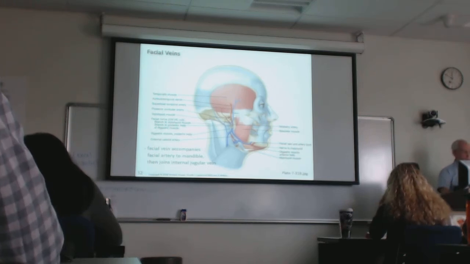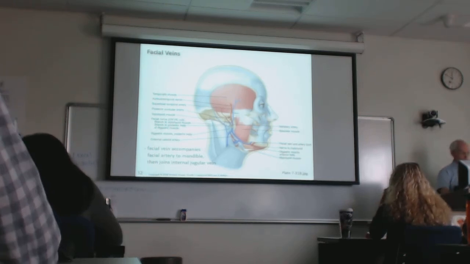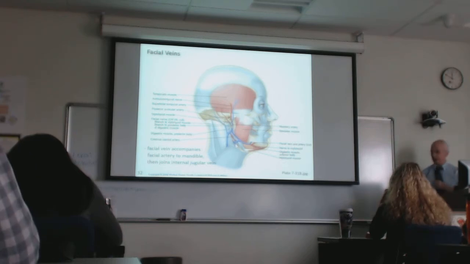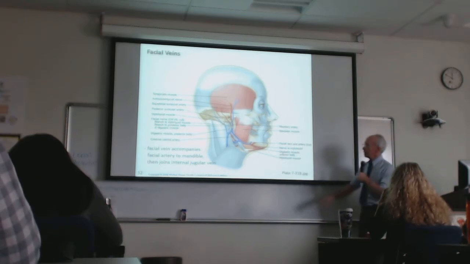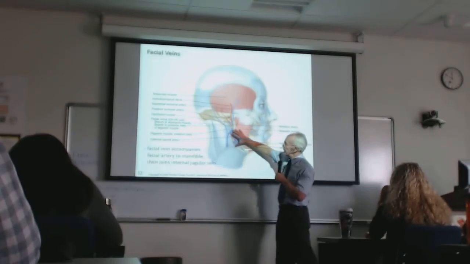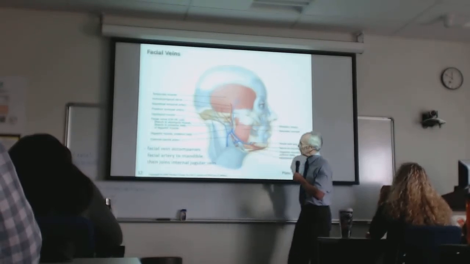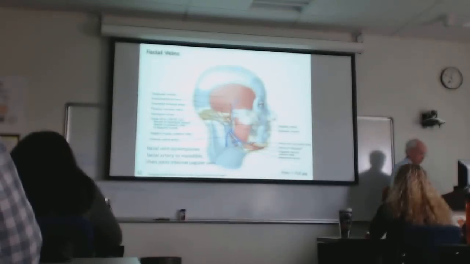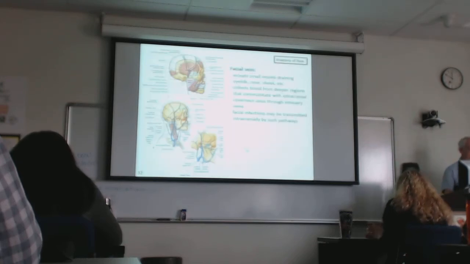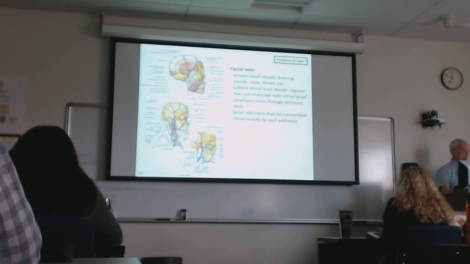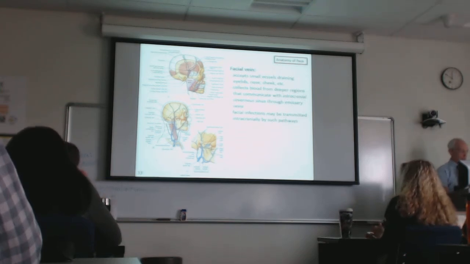Now, as I say, we're going to talk more about the venous drainage in a moment, but I think it should be evident even in an image like this that the venous drainage at the base of the skull does not correspond to the organization of the arteries from that region. You do have, for example, a facial vein, just as we have a facial artery, although they don't necessarily follow exactly the same path. So that would be the facial. You also have a maxillary vein here. This is your superficial temporal.